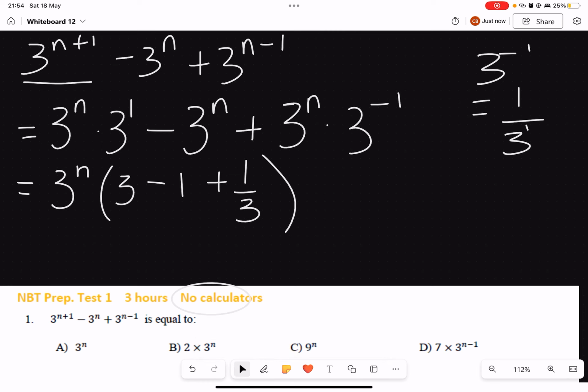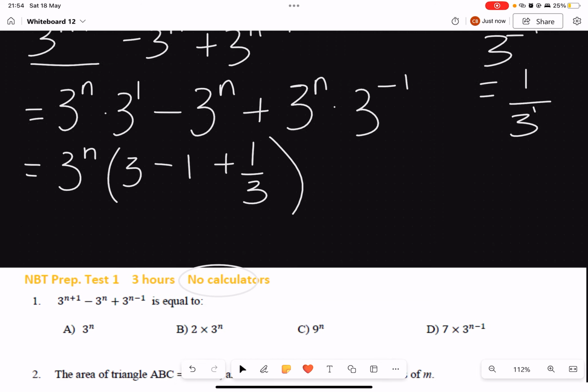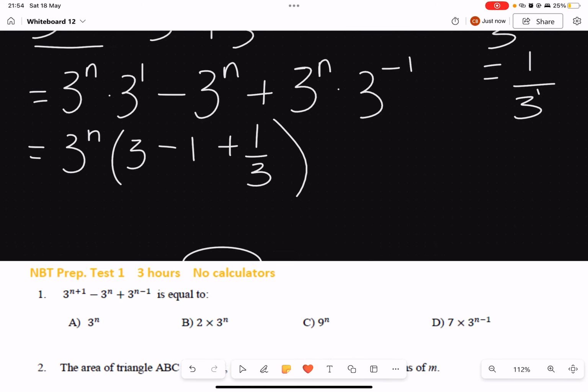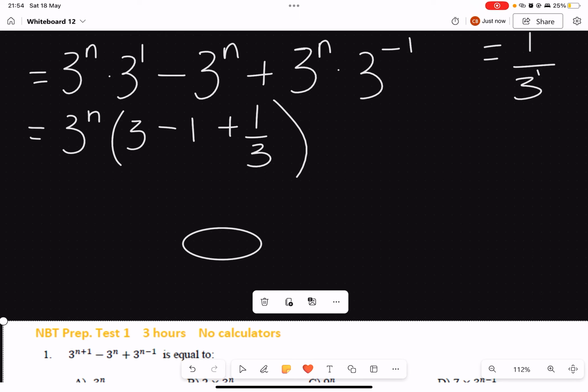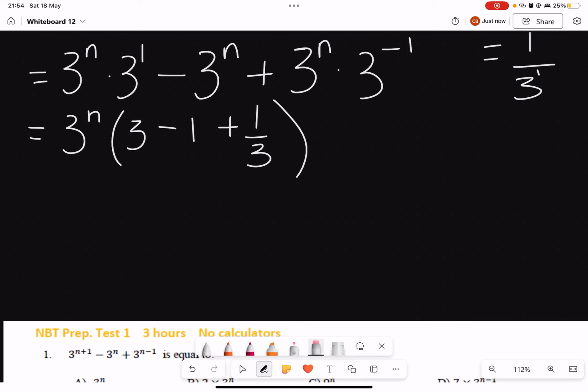Alright, awesome. So now let's see, what does this simplify to? So I have 3 to the power n, and then I'm going to have 3 minus 1, which is 2, plus 1 over 3.